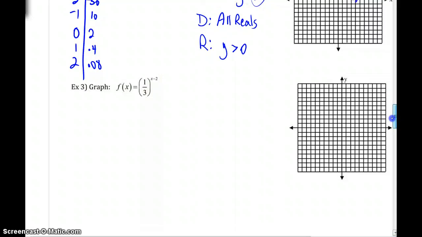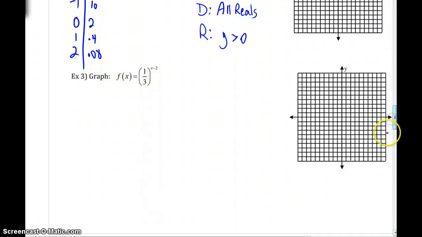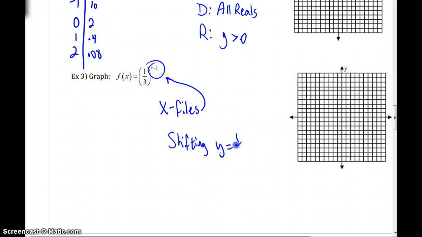Tell you what, for example 3, we're not going to do that for the sake of time, but this right here was x files. If we saw the x minus 2, this is going to be shifting the graph y equals 1/3 to the x 2 steps.